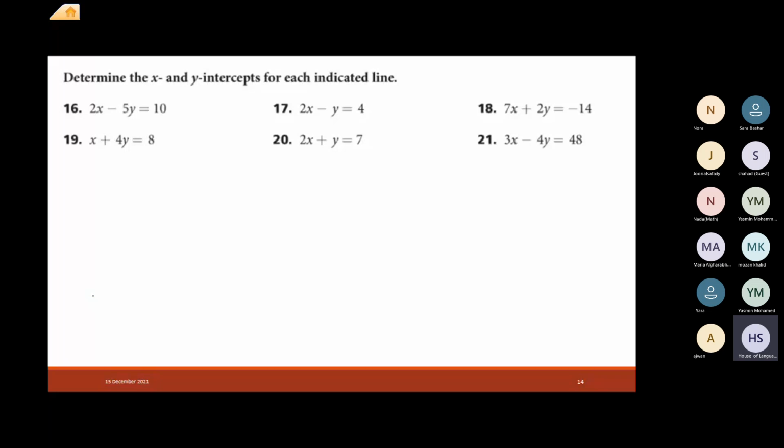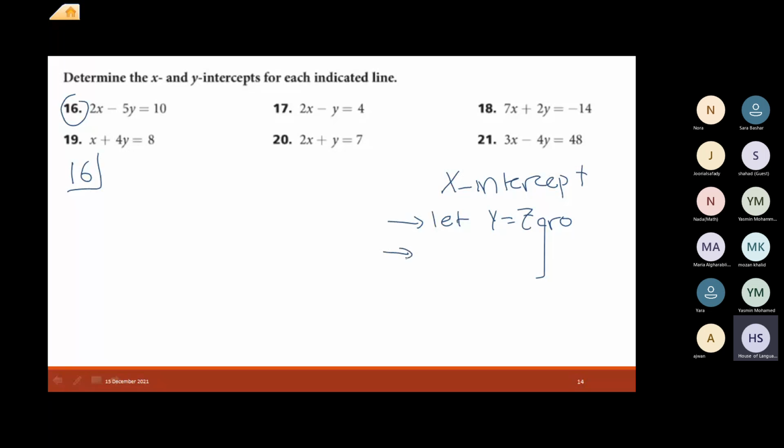We will draw the graph? No, it's hard. To find the x intercept from the equation, you will let y be 0.